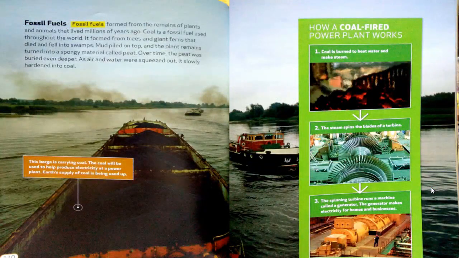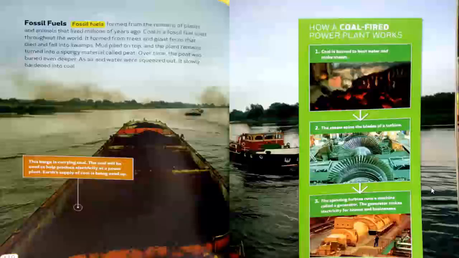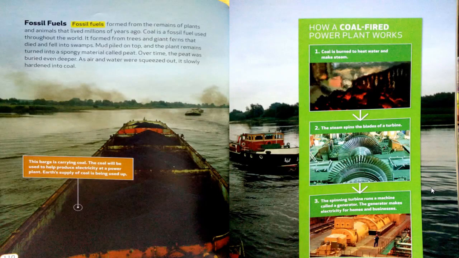Okay. Another non-renewable resource is fossil fuel. Fossil fuels formed from the remains of plants and animals that lived millions of years ago, like coal. Coal is a fossil fuel which is used everywhere in the world. It formed from trees and giant ferns that died millions of years ago.